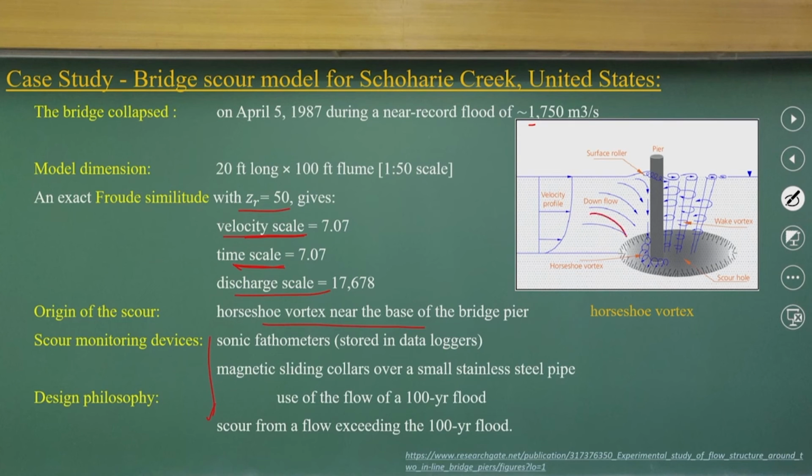As we discussed earlier in much detail, this was done to know why the bridge collapsed on this date, and that gives us design guidelines for constructing a pier in a river.